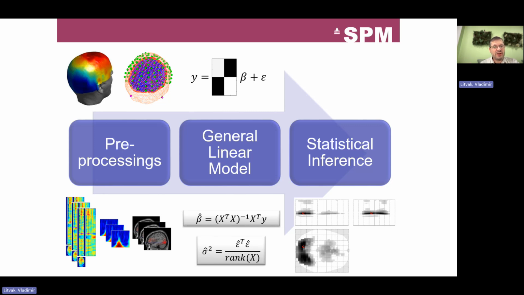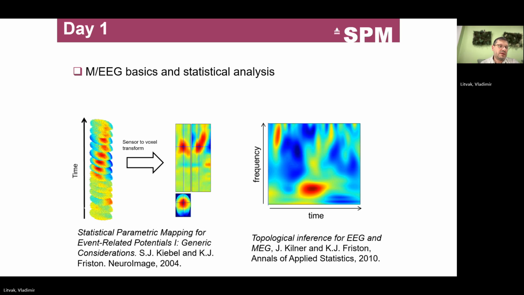That is followed by application of the general linear model, which can be applied in several different ways, either to scalp data in space and time or time-frequency, or source reconstructed data. And then this is followed by statistical inference based on random field theory, which gives you your significant activations. So this whole framework will be the topic of the first day of the course.